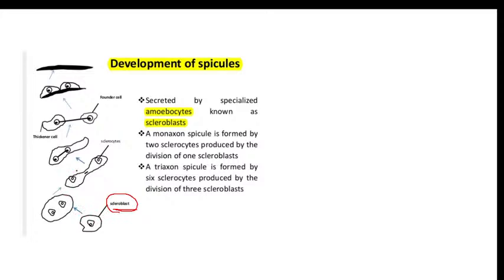The scleroblast cell differentiates and after division becomes sclerocytes. Sclerocytes are those cells which get differentiated to form the spicules. The sclerocytes will get thickened and ultimately form a spicule. So a monoaxon spicule is formed by two sclerocytes.